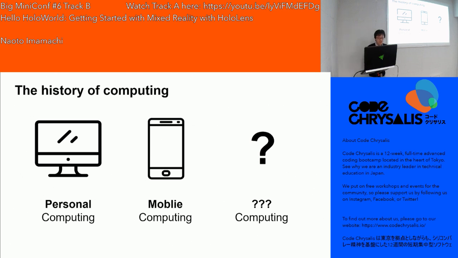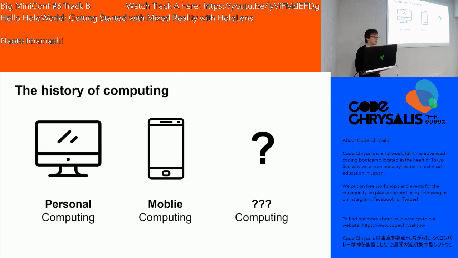So, first, I want to explain the history of computing. In the 19th, the era of personal computing came. Now people use computers for creating a presentation slide or creating a report, something like that.